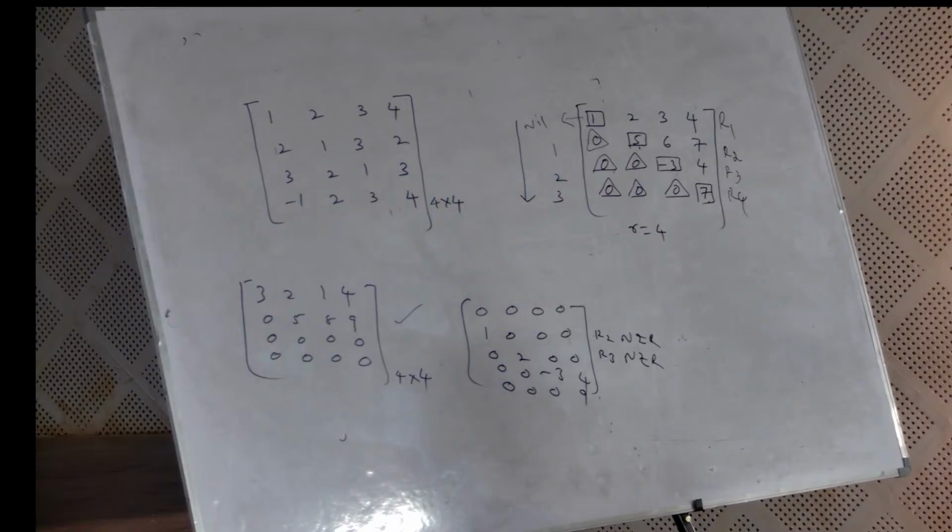Sometimes you will not get zero rows. But what is the place of a zero row? In case there is a zero row, it must be placed at the bottom of the matrix.